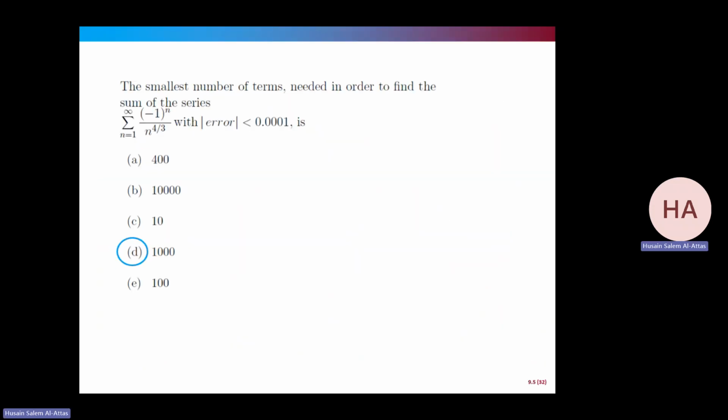Good to go. Smallest number of terms. Yeah, this is very clear, converges. This series, you can check. We did many by alternating series test. Limit goes to 0 and it's decreasing. So I want S minus Sn, which is the error.